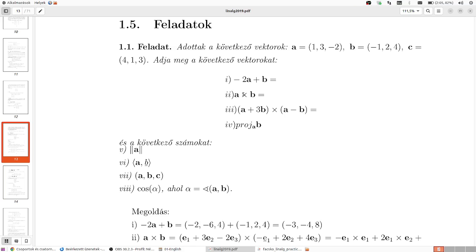And the B is... it's not 7, it's 2, 1, 5.